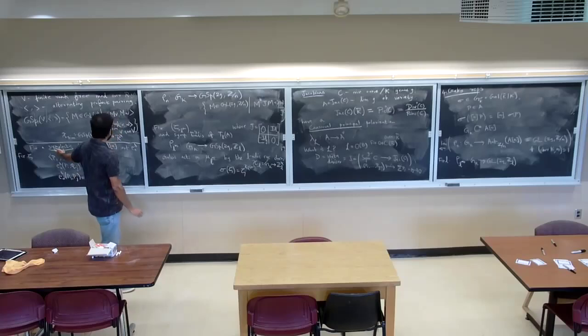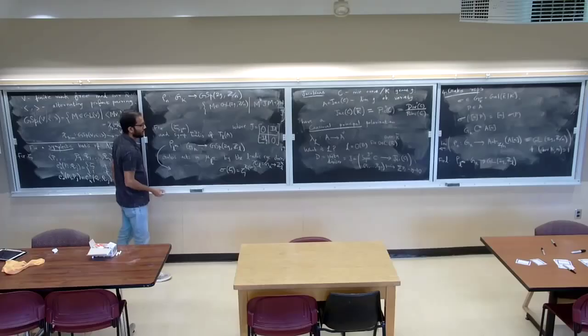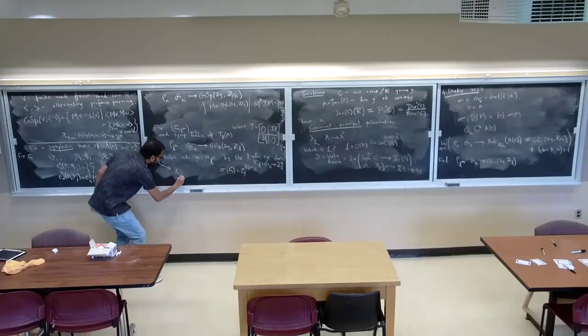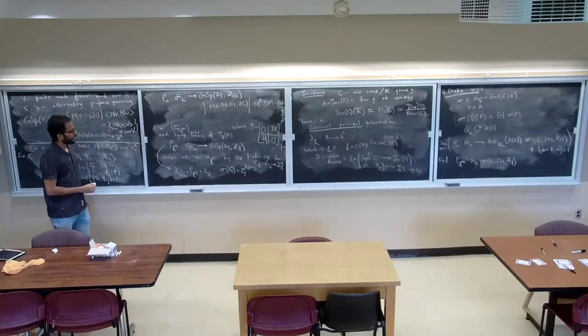And so your equivariance basically gives you that if you compose this representation with the similitude character, what you get is the L-adic cyclotomic character. The similitude character composed with the L-adic Galois representation is the L-adic cyclotomic character.